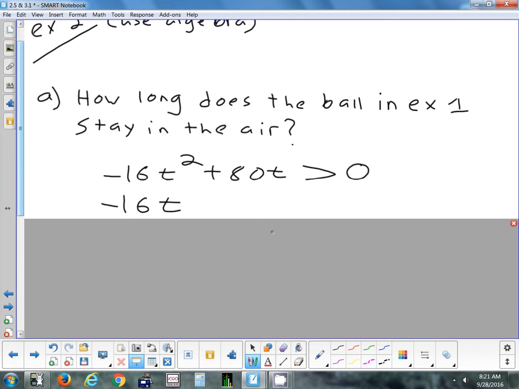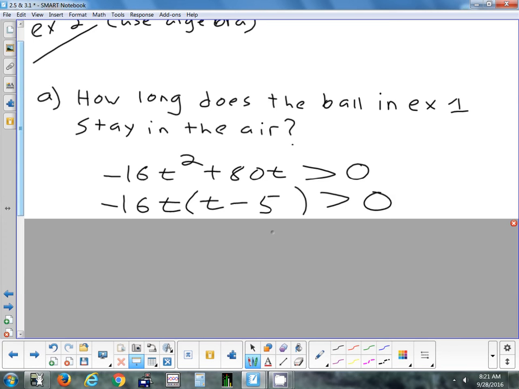So negative 16t. And what would be left in parentheses? Yeah, t minus 5. Okay, so if you factor out a negative 16t, you're left with negative 16t times t minus 5 is greater than 0.